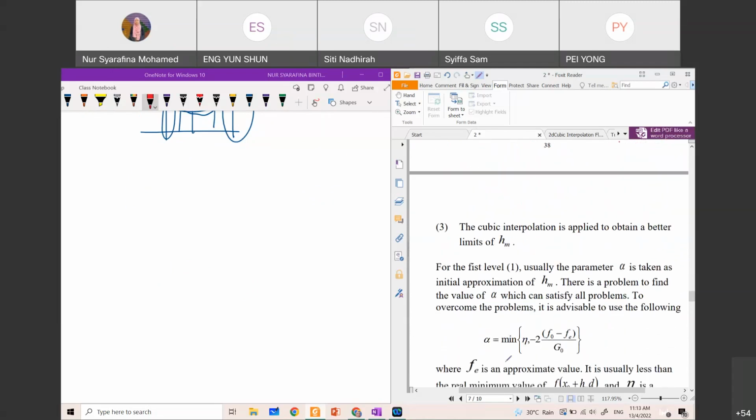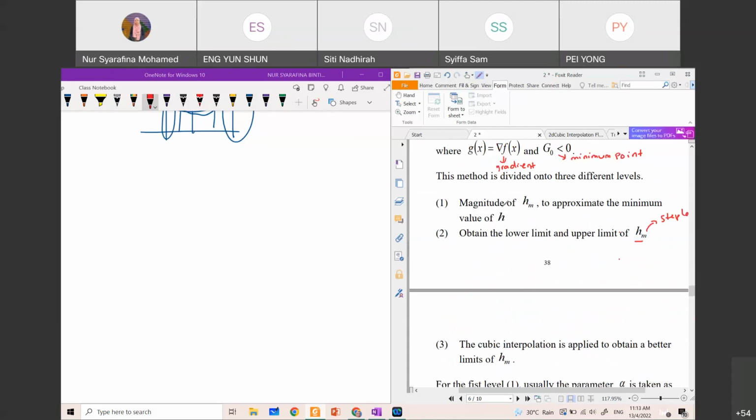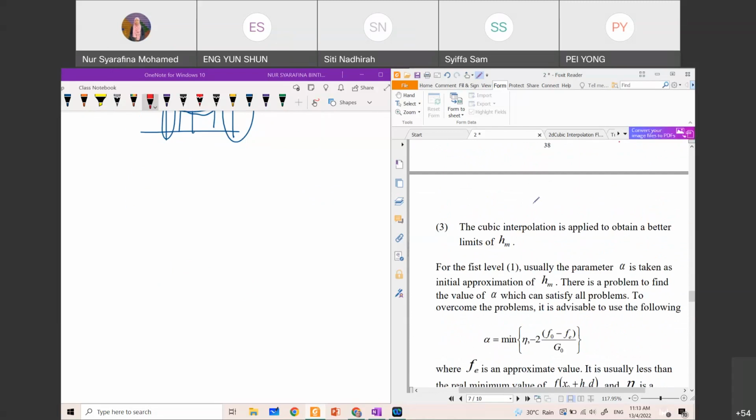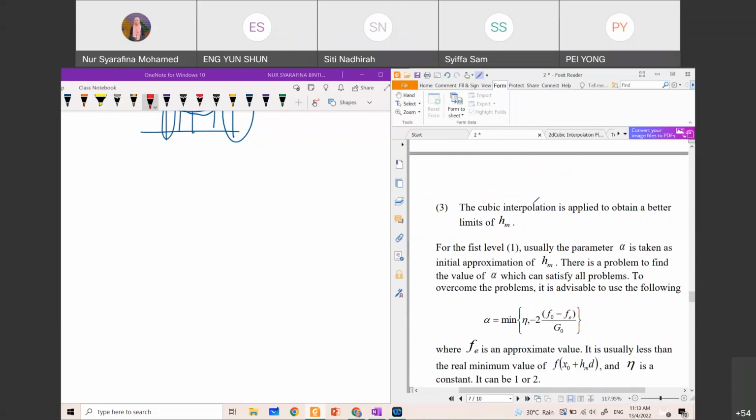For the first level, where we want to find the magnitude of Hm, usually the parameter alpha is taken as the initial approximation of Hm. So at the first iteration, your Hm is given by alpha. There is a problem finding a value of alpha which can satisfy all problems.